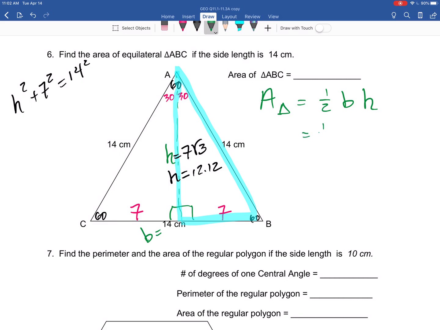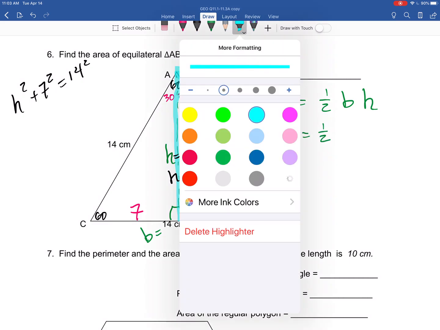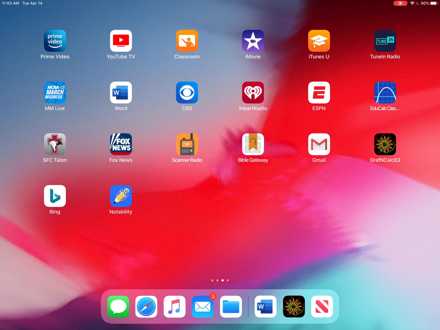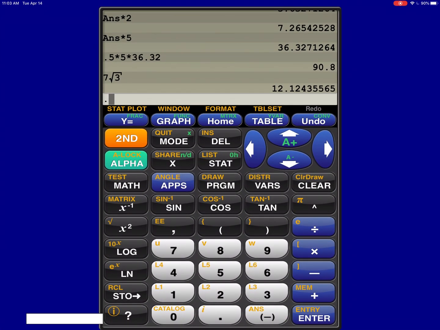Here it is, 1/2. Now remember, I want the whole base. Why? Because I want the whole triangle. So give me the whole base, which is 14, times the height, 12.12. Here it is, area of our triangle. 1/2 times 14 times 12.12. 1/2 base times height.